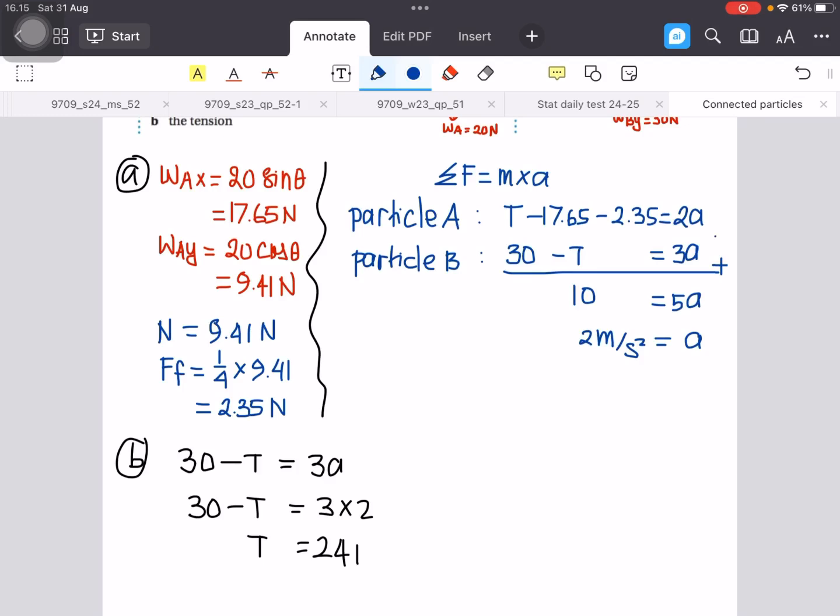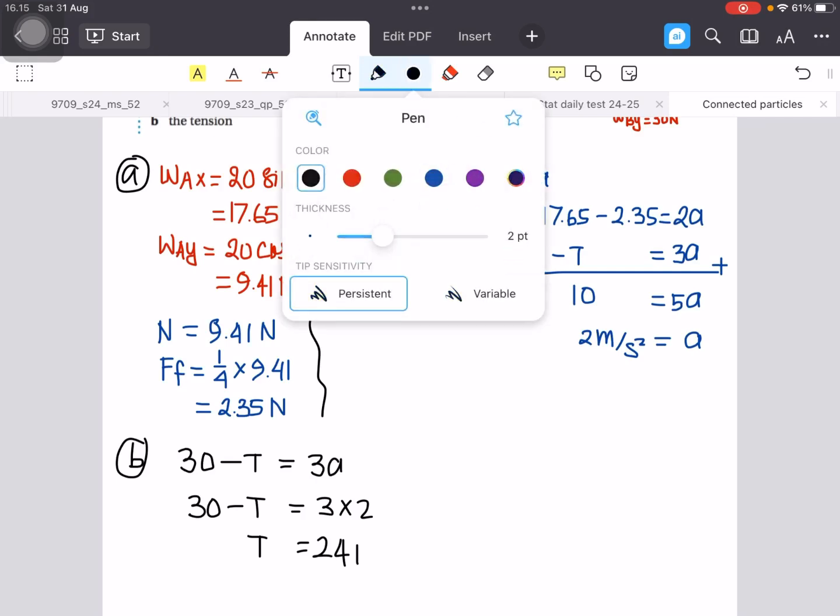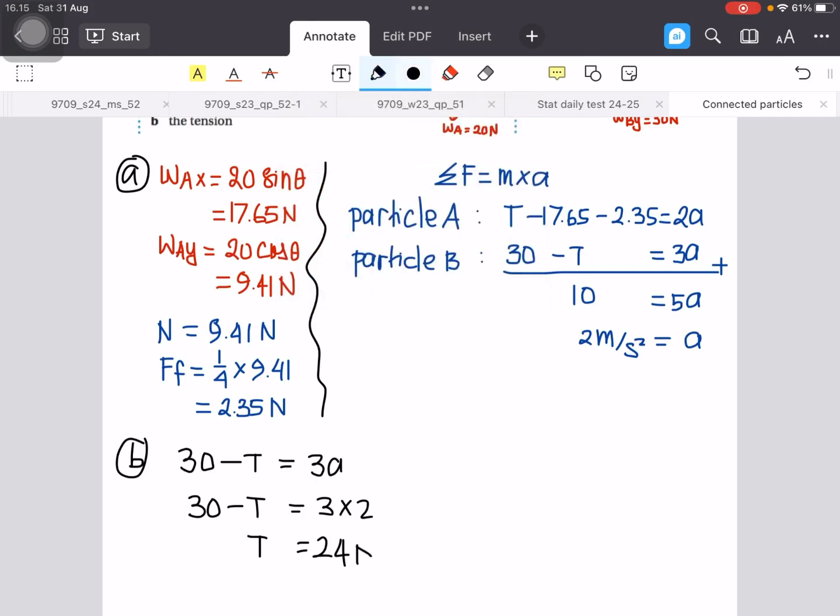So the tension, we can use either the first or the second equation. This time I think it's better to use the second equation because it is easier. So 30 minus T is equal to 3A. 30 minus T is equal to 3 times 2. The tension is 24 newtons.